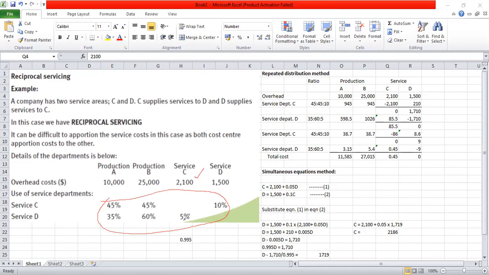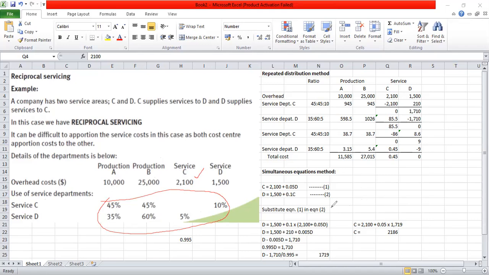But C will receive 5% from D, because costs are charged 45 to A, 45 to B, and C will be charging 10% to D. So D will receive 10%, and on the other hand, D will provide 5% of the charges to C.